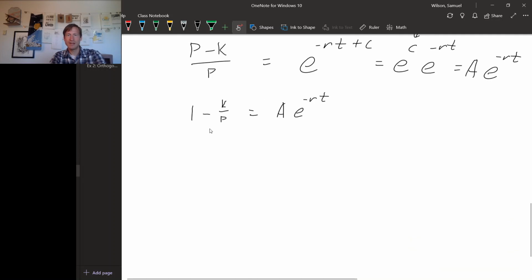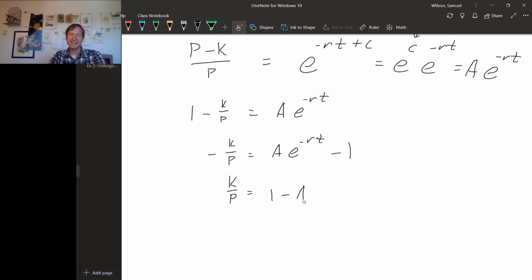And now, right, p only shows up once in this equation now, so we can just solve this for p. So move the 1 over: minus k over p equals A e to the minus rt minus 1, multiply by minus 1, k over p equals 1 minus A e to the minus rt.